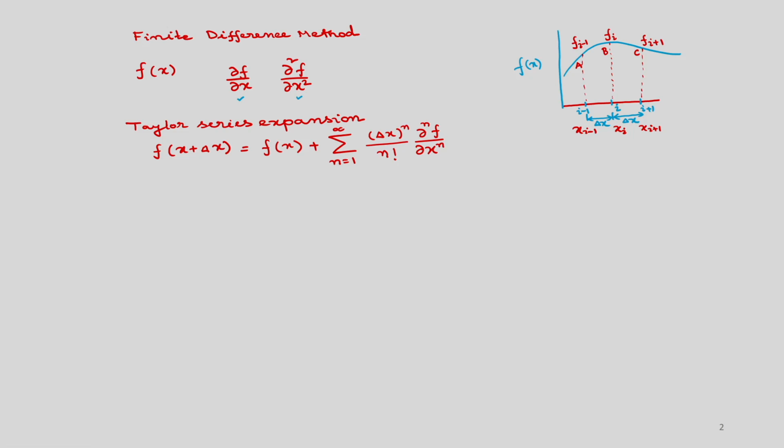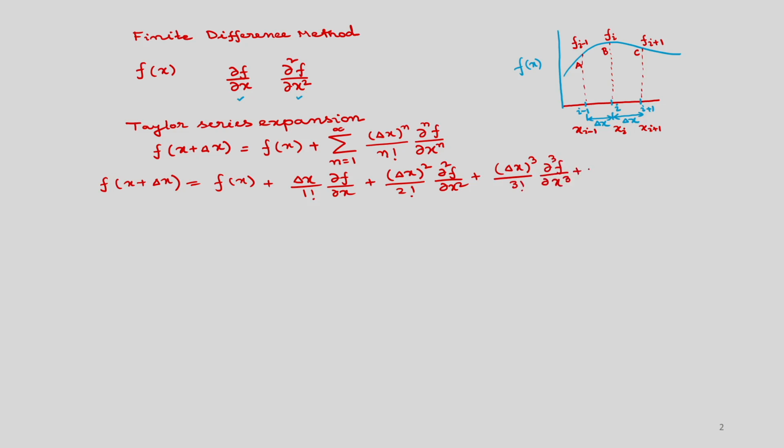This is the Taylor series expansion of f x plus delta x about x. We can expand it as f x plus delta x by factorial 1 del f by del x plus delta x square by factorial 2 del 2 f by del x square plus delta x cube by factorial 3 del cube f by del x cube, and there will be other terms.